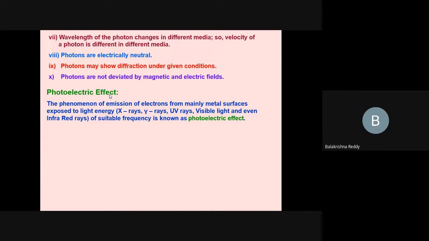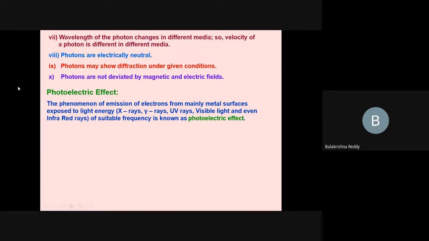So it is emitting in the form of light, electrons or photons, we can say. Of course, if you channelize that in a proper manner, we can produce an electric current also.